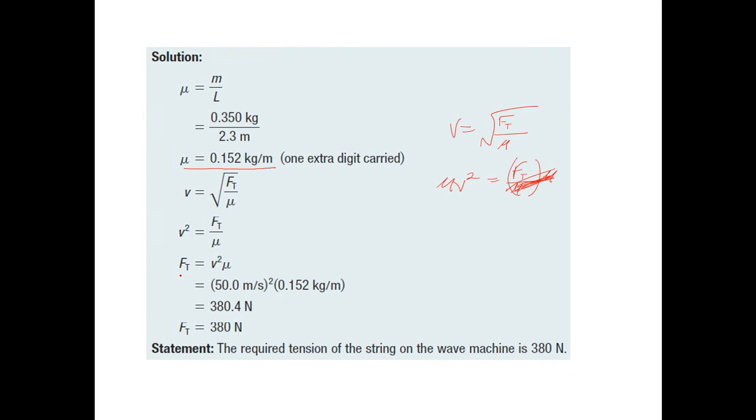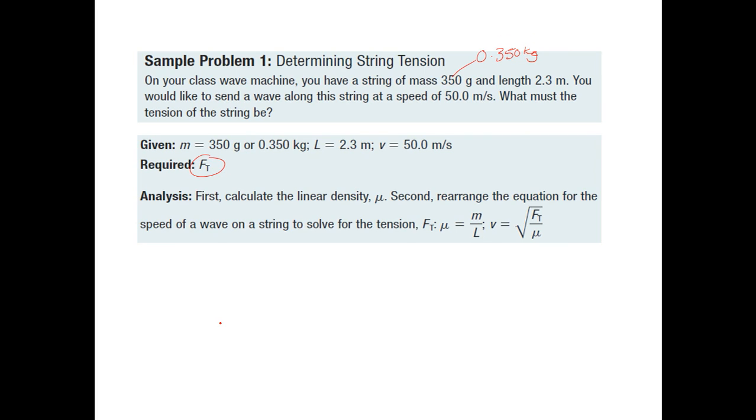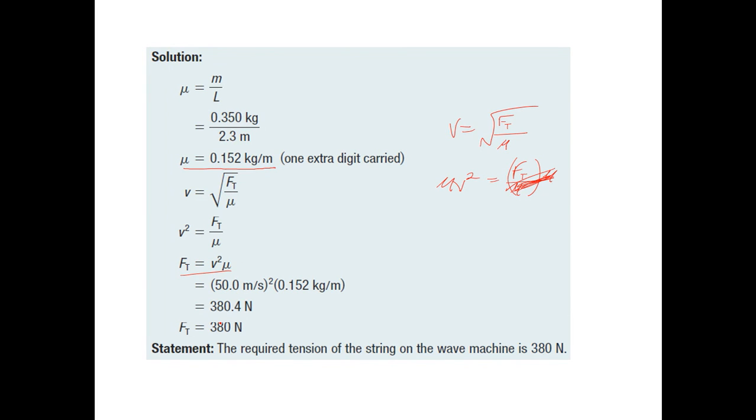And so that's how we get this. So we take our linear density, which is in kilograms per meter, and we get our 50 meters per second from our question, which is squared in this case. And we get our tension just by simple multiplication in newtons.